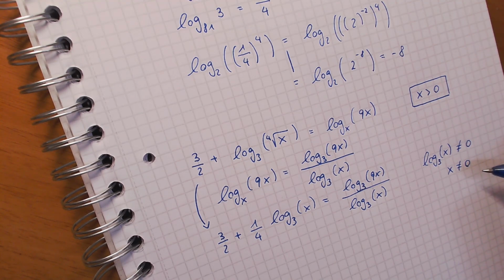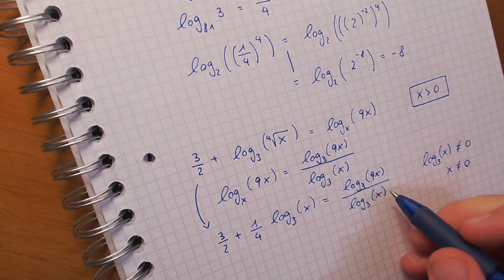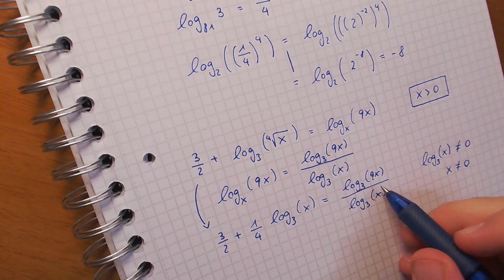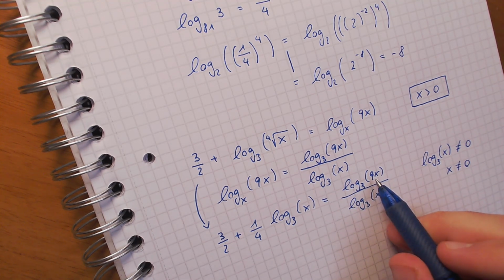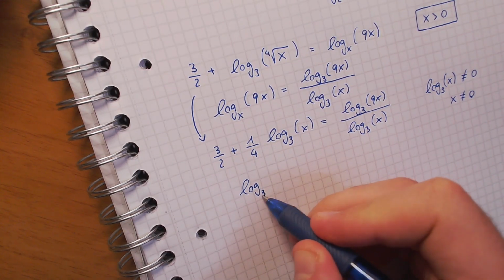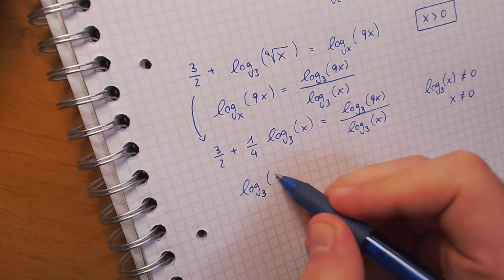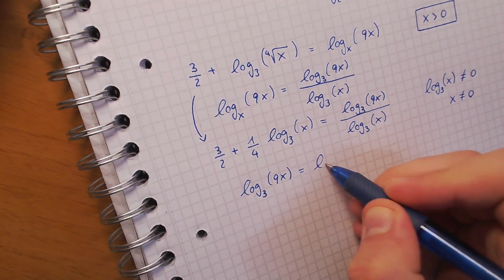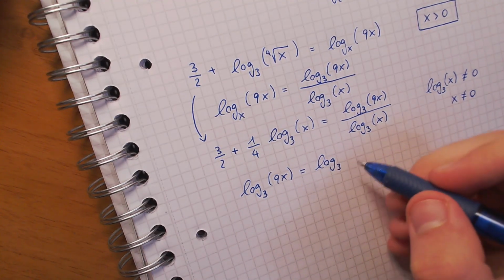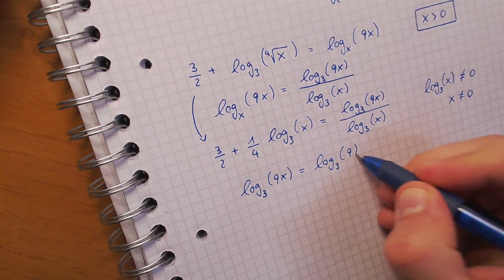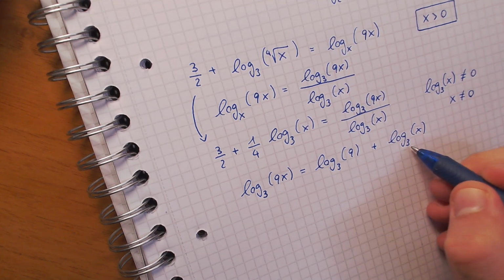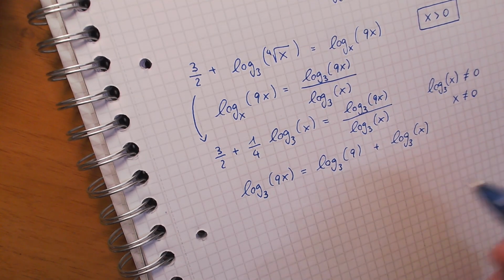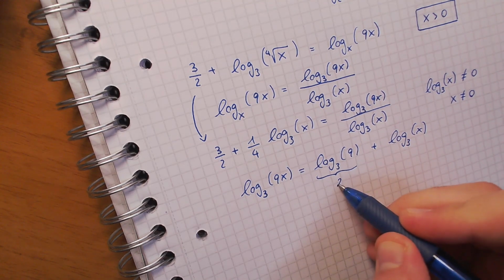So now we can notice that this log can be split into two logarithms, given that the log base 3 of 9x can be written as log of 9 plus log of x with the same base, and we know that this is just 2.